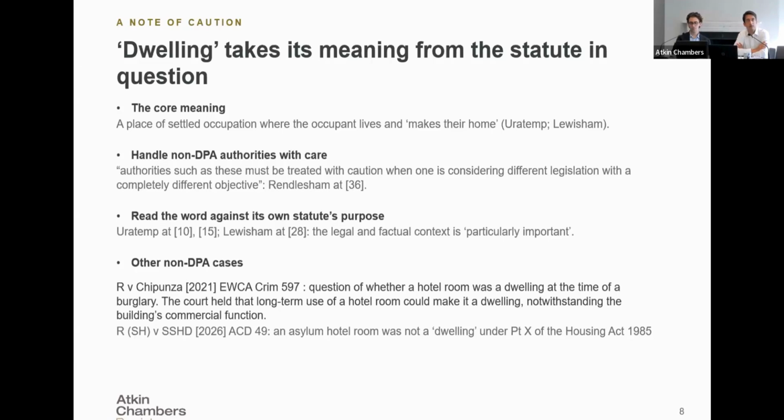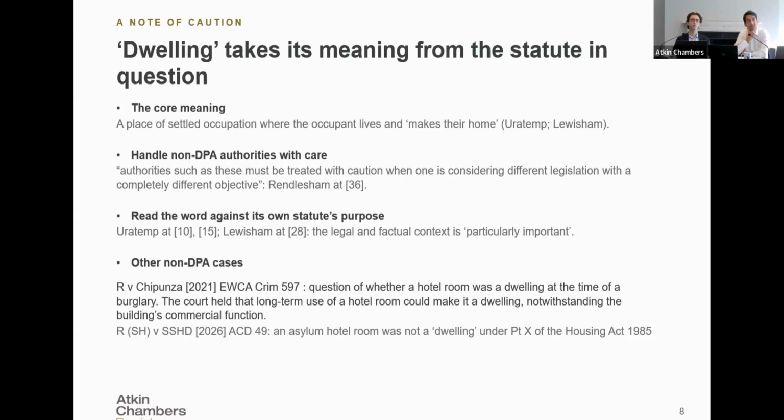We finally mentioned there are many other non-DPA cases. One is a Court of Appeal criminal division case called Orange Punza, and that was a question of whether a hotel room was a dwelling at the time of a burglary. So again, was the room in question a dwelling at a later point in time to design and construction, the time of a burglary?